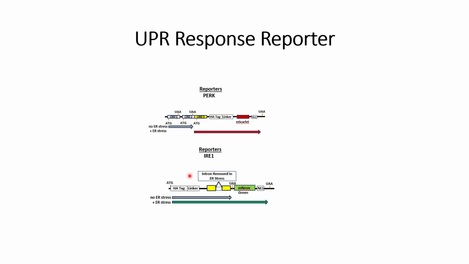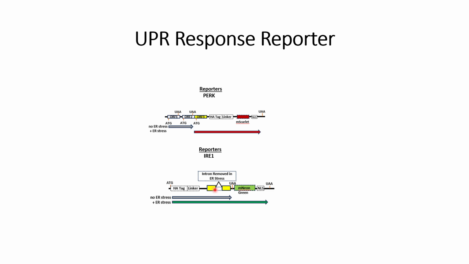And simultaneously, if the IRE1 pathway also gets triggered, then this reporter will show a green signal. How this reporter works is that in the normal condition, this is the XBP1.